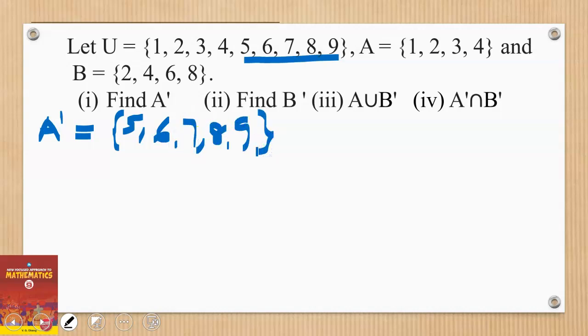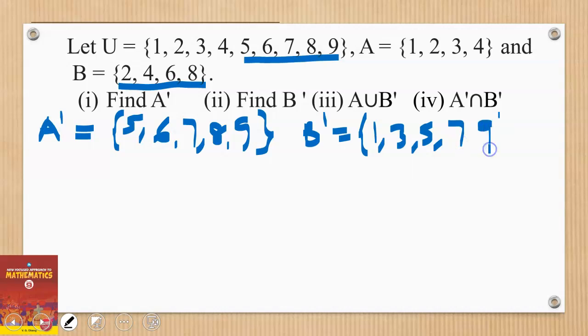Then let's say complement of B. B is 2, 4, 6, 8. So the complement is going to be 1, 3, 5, 7, and 9. So these are the complement of B.